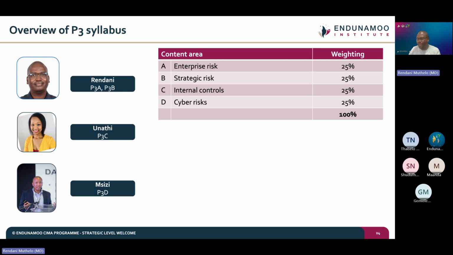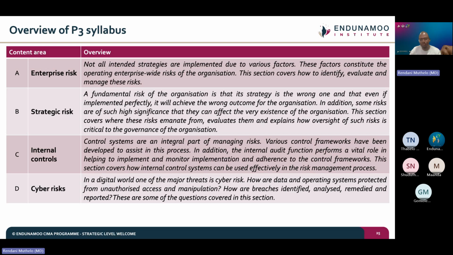Then lastly, it's cyber risk, which has become quite common. So we have risk as our daily bread here. You will be able to consider roles in risk management confidently after here. Yes, there will be some specialist courses that you can take once you're in the role to grow yourself.